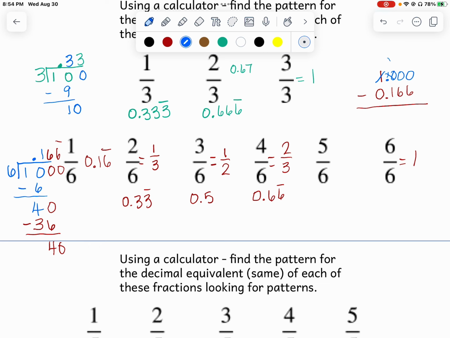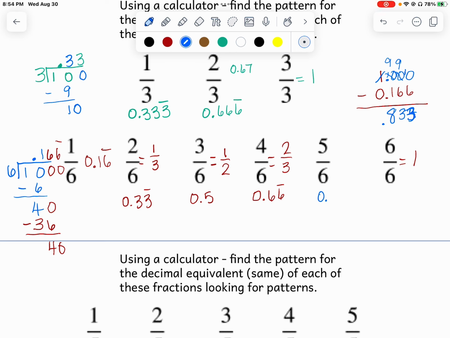I've got to borrow here and make that a 9, and then borrow here and make that a 9, and then borrow here. So 10 minus 6 is 4. 9 minus 6 is 3. 9 minus 1 is 8. And somewhere this usually ends up to be another 3. Just 0.888333 repeating. I'm making a subtraction error somewhere.